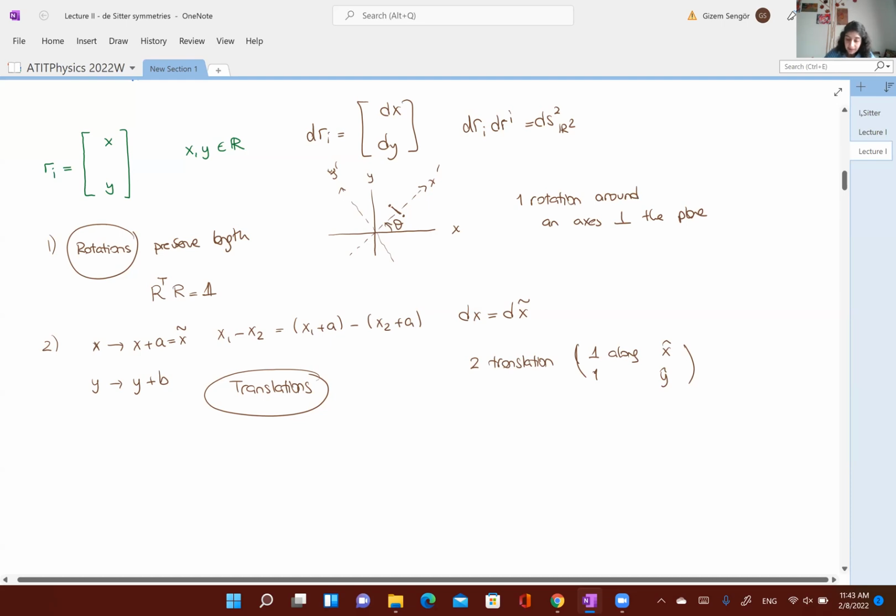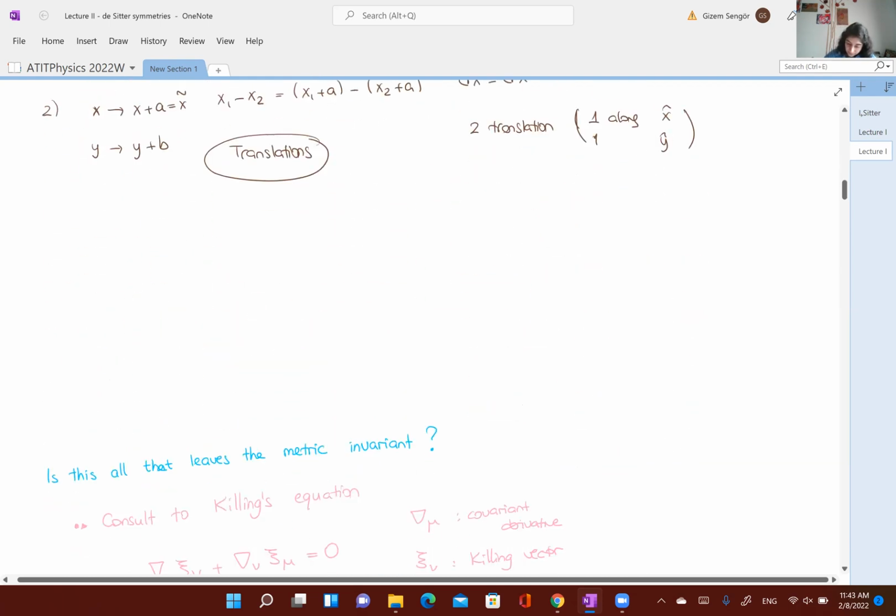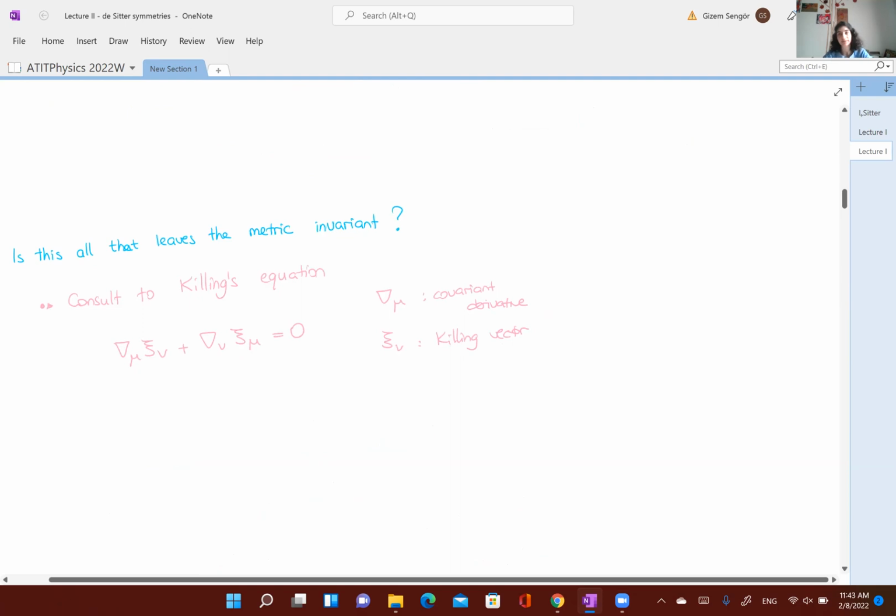You might ask. And here we could just look and guess these because the metric was very simple. Now, a more educated way of doing this is to consult what is called the Killing equation. So it's this equation. And this is an equation based on your geometry, because notice that these nablas are the covariant derivatives.